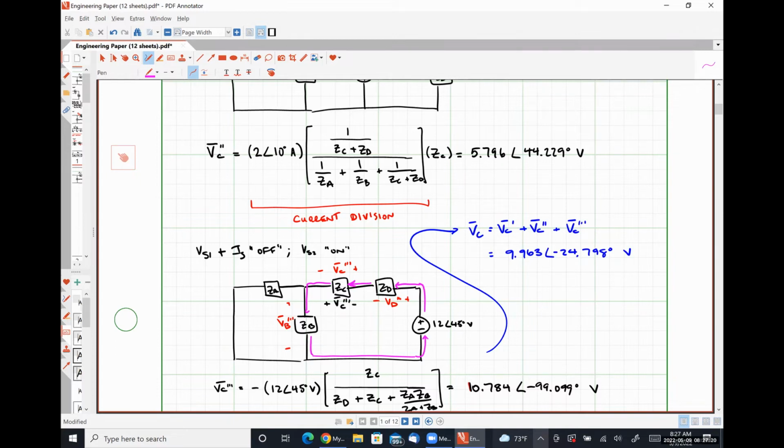Well, since the current is flowing into the negative polarity terminal of impedance ZC, we need to include that negative sign to correct things. So we can either think about it from the relationship of what the current is doing as it leaves the voltage source, or we can think about it in terms of the polarities of the voltage drops with respect to the voltage source. They both amount to literally the exact same thing.